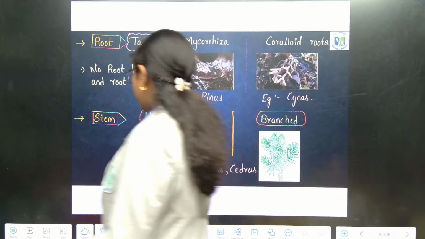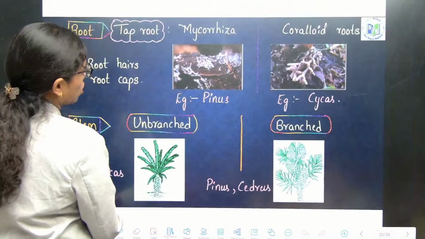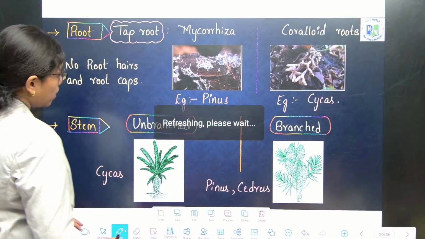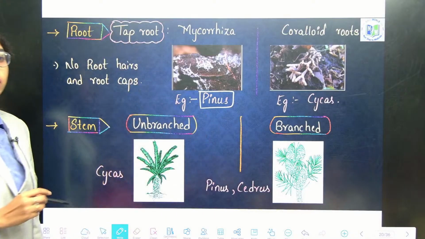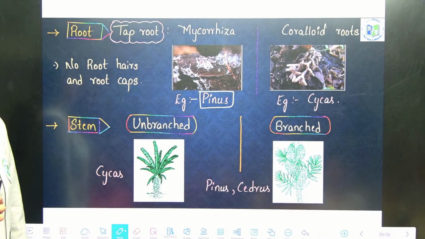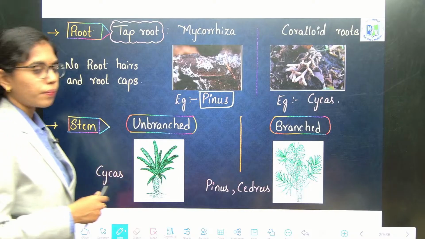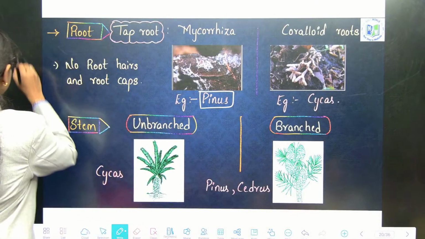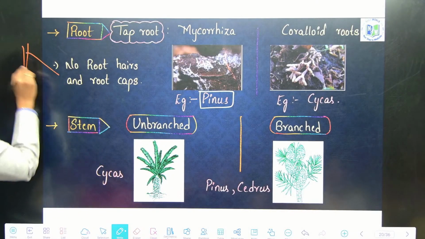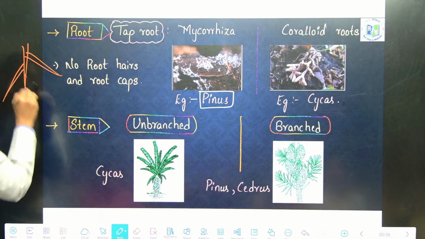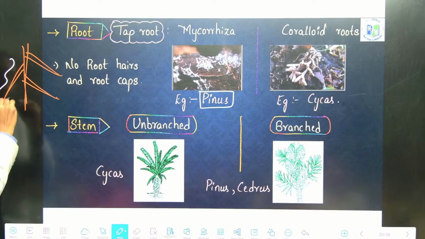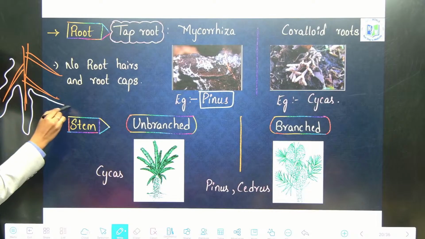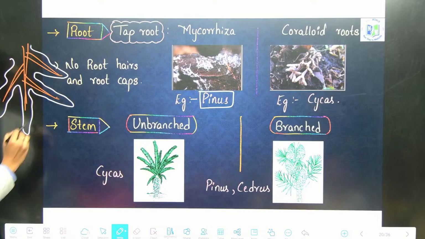Next, the root. You have a taproot system only. Pinus has mycorrhizal association, which means what? Fungal associations. If you see, this is the taproot. If the fungal associations are over the peripheral structures, this is known as ectomycorrhiza.